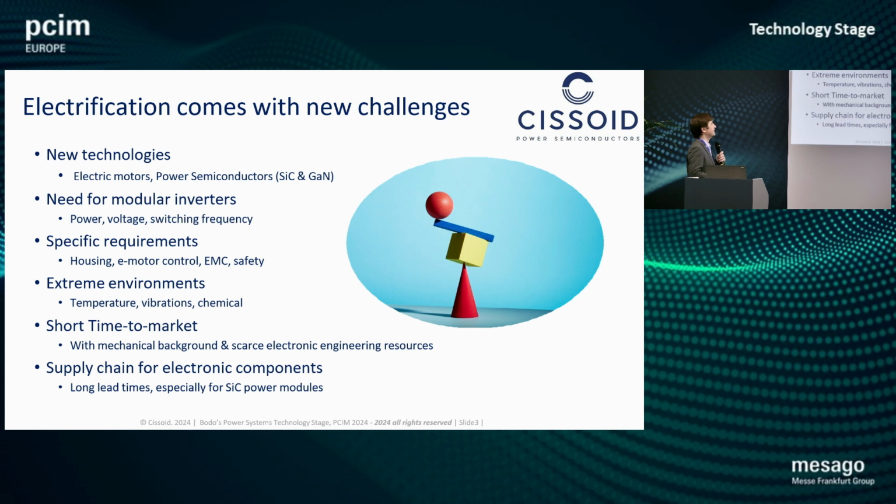But these industries are facing new challenges moving to electrification. First, they have to deal with new technologies, which can be electric motors, but also new power semiconductor technologies like silicon carbide and gallium nitride.